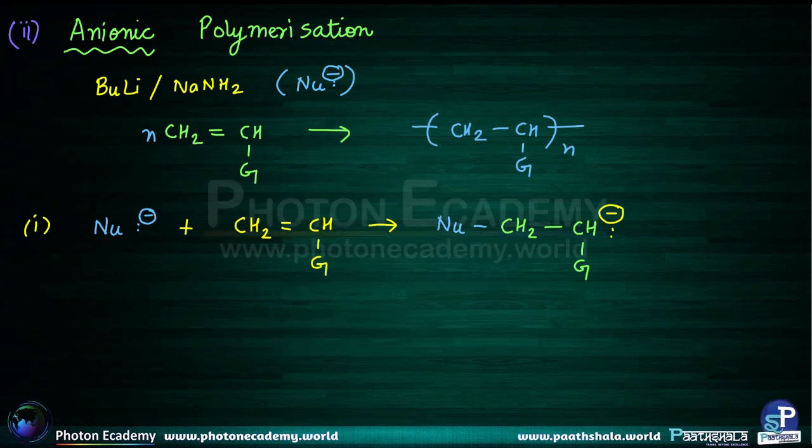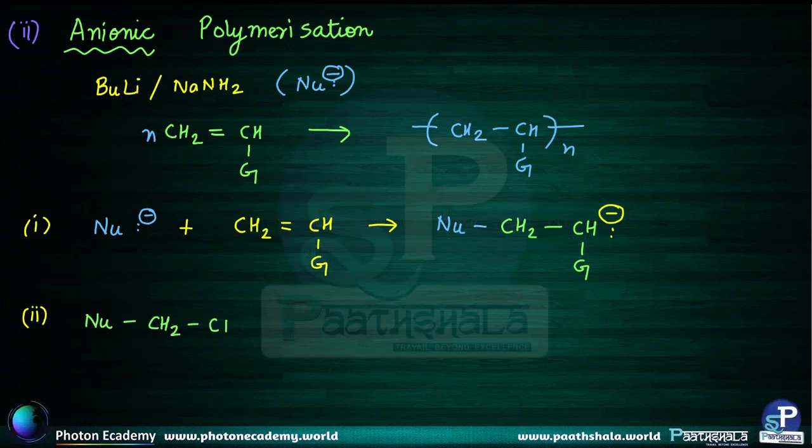In the second step, we have this previous nucleophile attached to our monomer, CH2 with CH negative and G group. Now this again attacks the monomer CH2 double bond CH and the group.